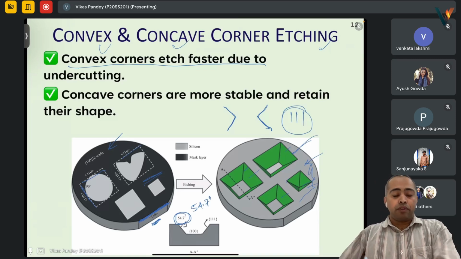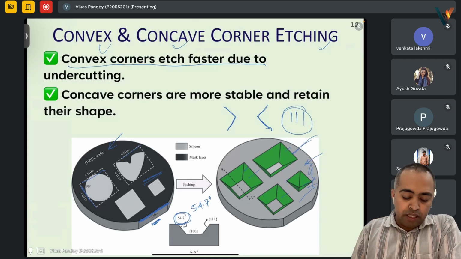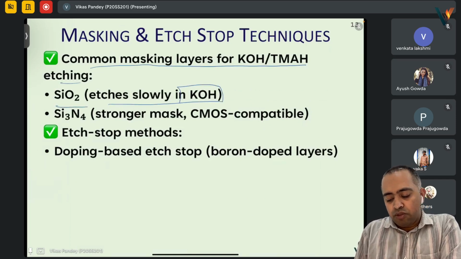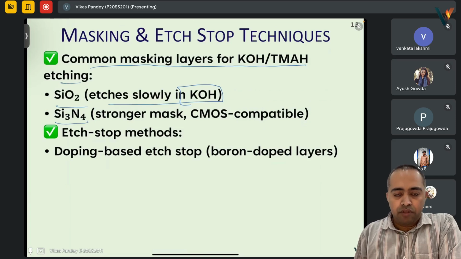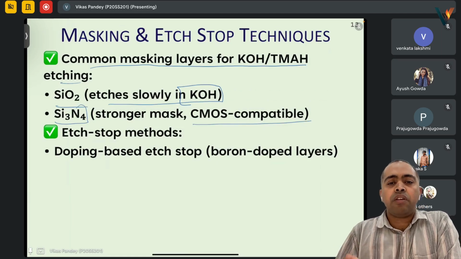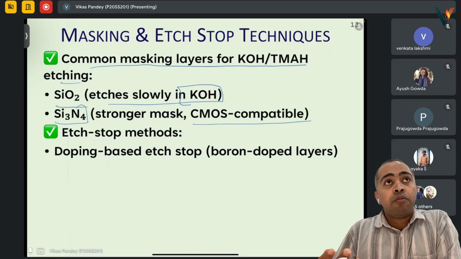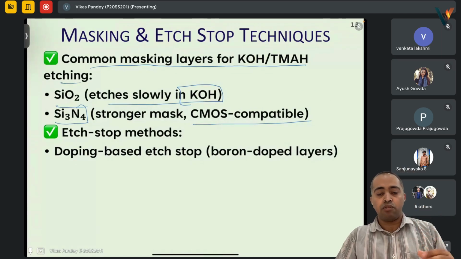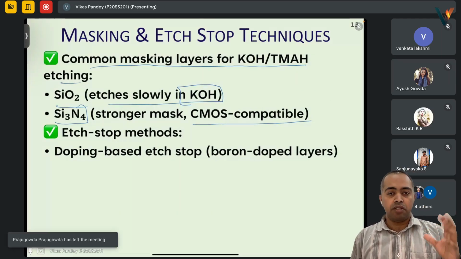What are the common masking layers for KOH and TMAH etching? They are SiO2, which is used for KOH, and silicon nitride, which is CMOS compatible and more frequently used in TMAH. For TMAH etching, sometimes physical rigs are also used if we are going for bulk micromachining.